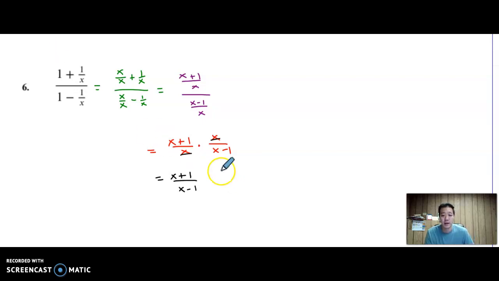And our excluded value is actually coming from the original fractions. So x cannot equal, these cannot be 0.